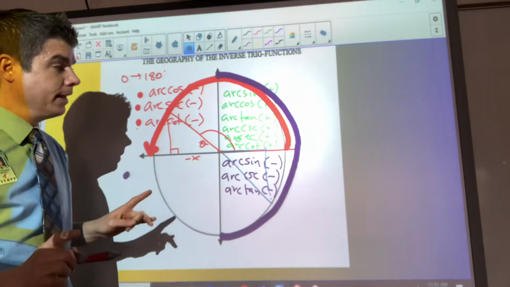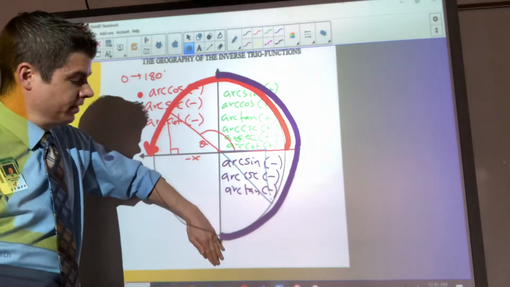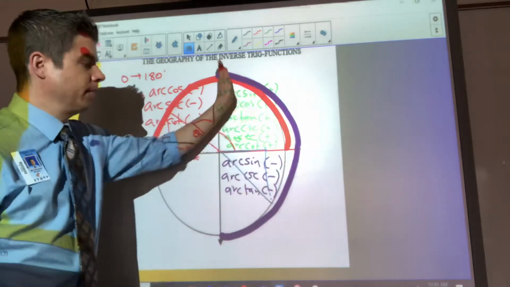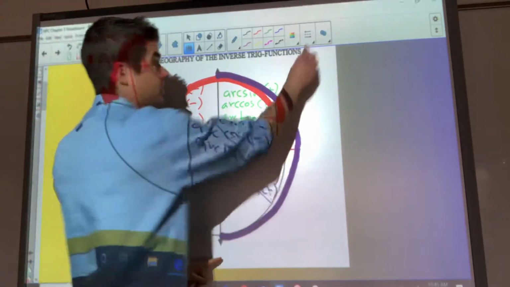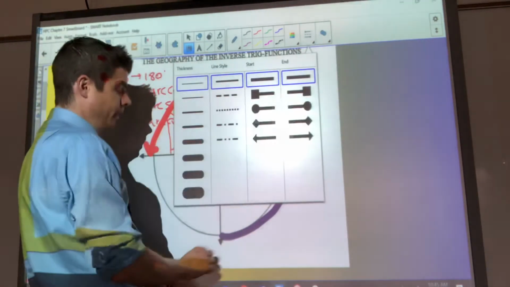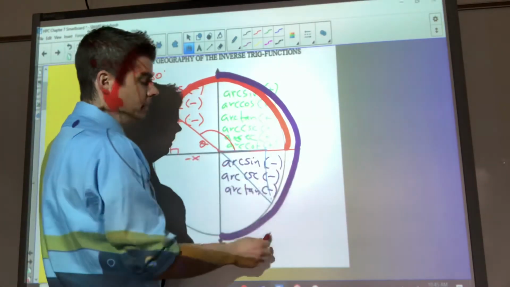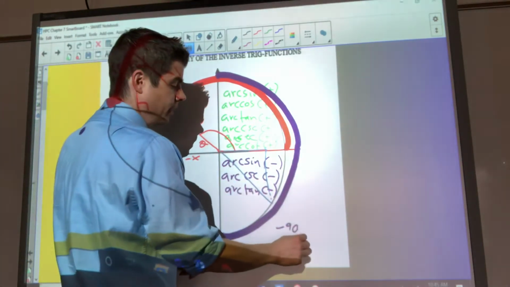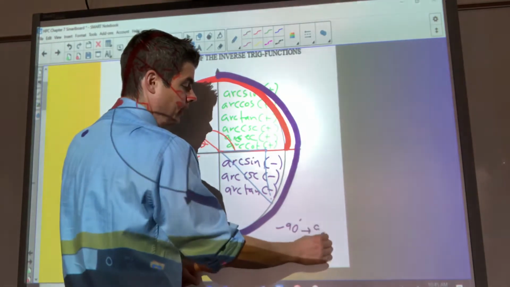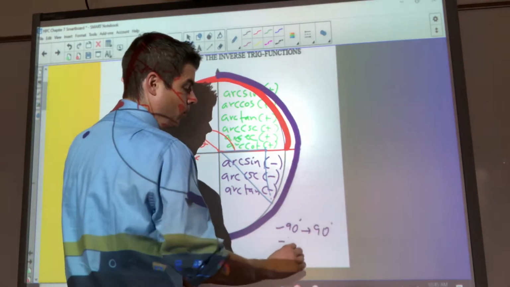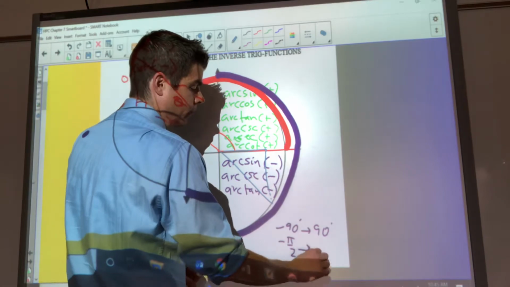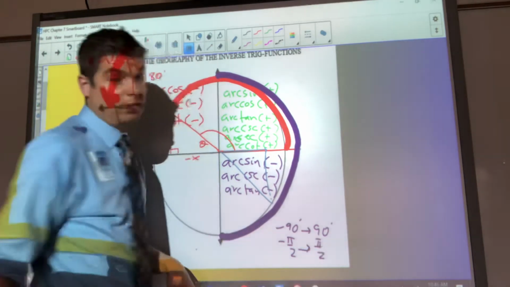So instead, we're going to start down here and connect this way. And so the value down here is negative 90 degrees, or negative pi over 2, through 0 up to 90. So these answers would be from negative 90 degrees to positive 90 degrees. Or if you're in radian mode, negative pi over 2 to positive pi over 2.